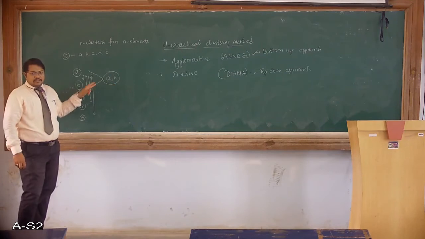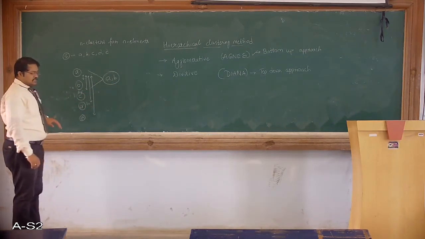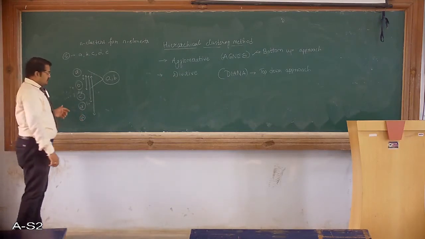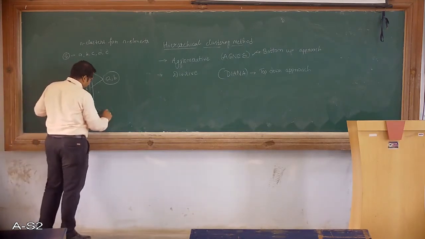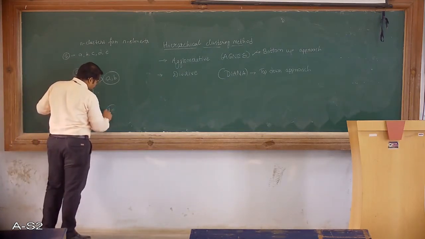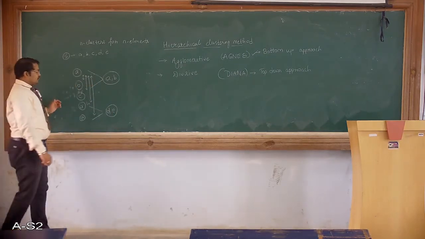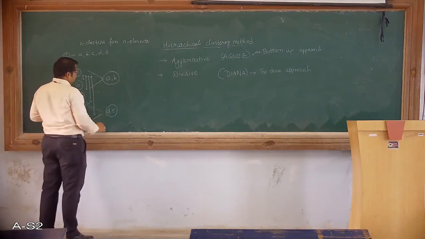When we consider that, we come to know that D and E have the smallest distance. Now the only one left is C, so this is kept as it is.